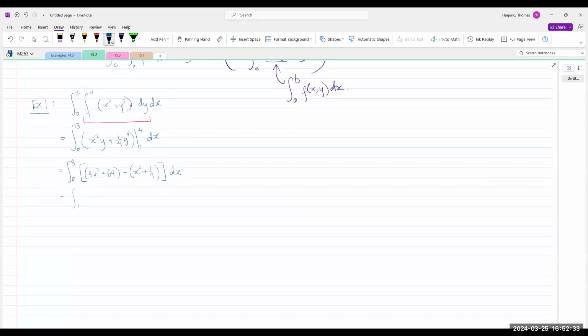So this becomes integral from 0 to 3 of 3x squared plus 64 and 3/4. I'm sorry, 63 and 3/4. What am I doing? Subtract my 1/4, right? 63 and 3/4 dx, which when I integrate with respect to x, gives me x cubed plus 63.75x from 0 to 3.